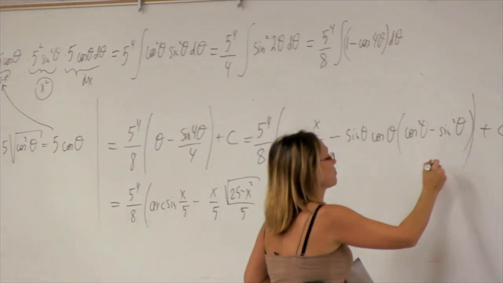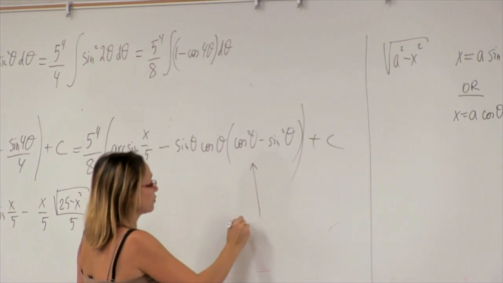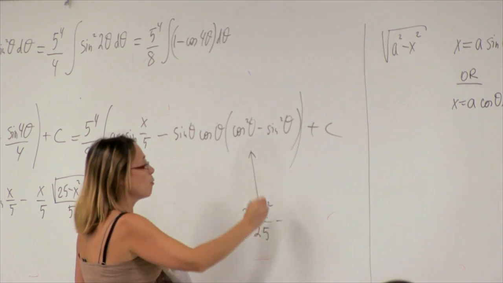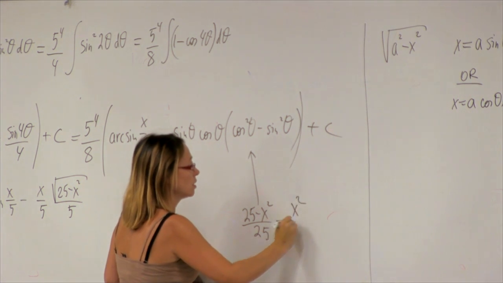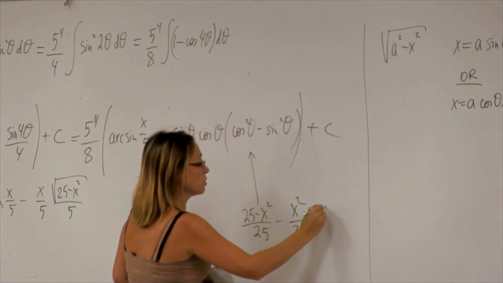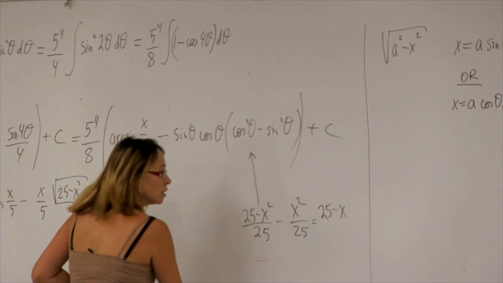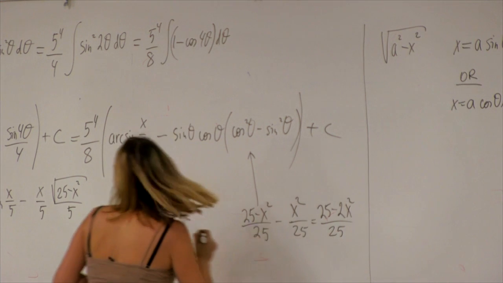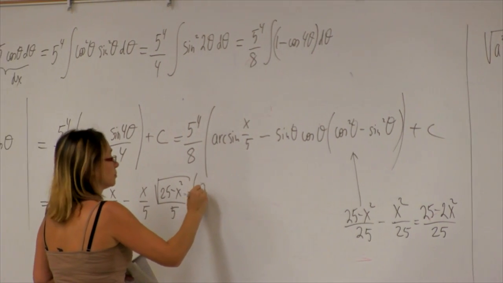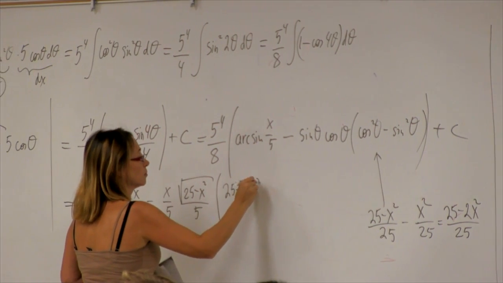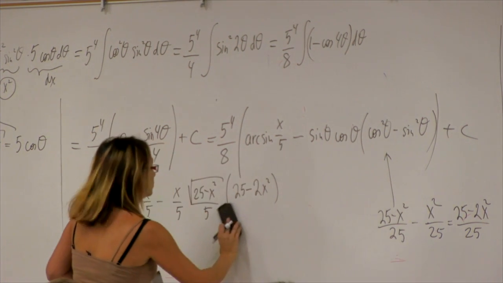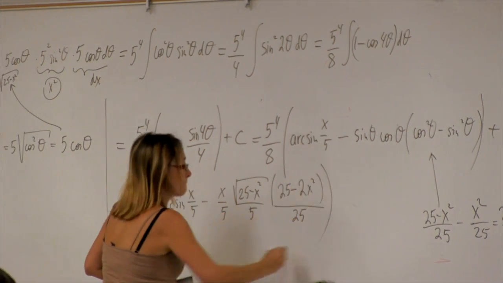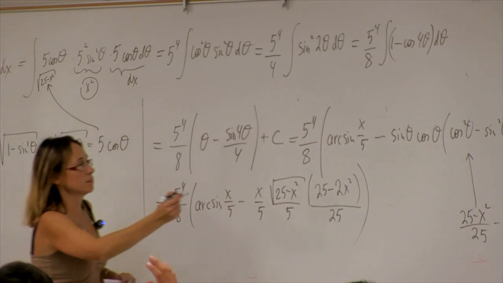And let me do this one separately. So I have 25 minus x squared over 25 minus x squared over 25. So it's 25 minus 2x squared over 25, plus c.